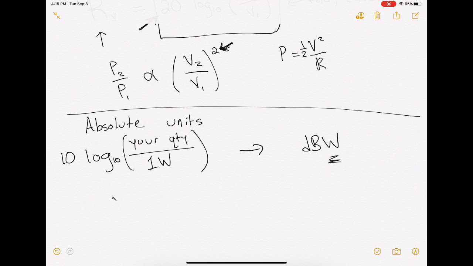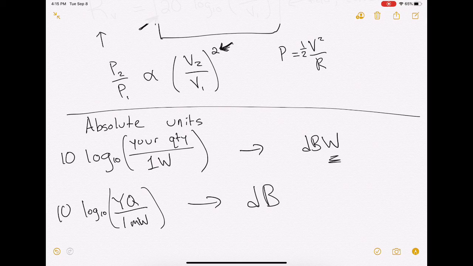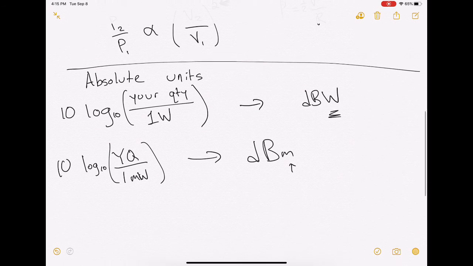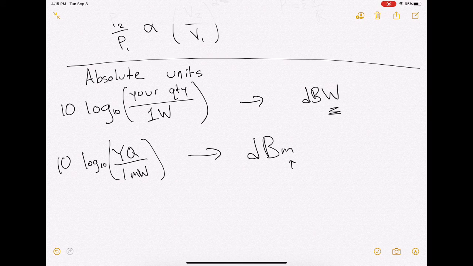You can do the same thing with your quantity over 1 milliwatt. You do that, 10 log base 10 of that, you get dBm, where the little m here is for milliwatts. You can do that for dBV or dBA for volts and amps.